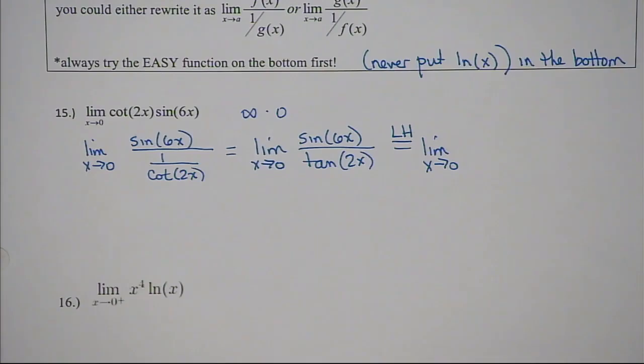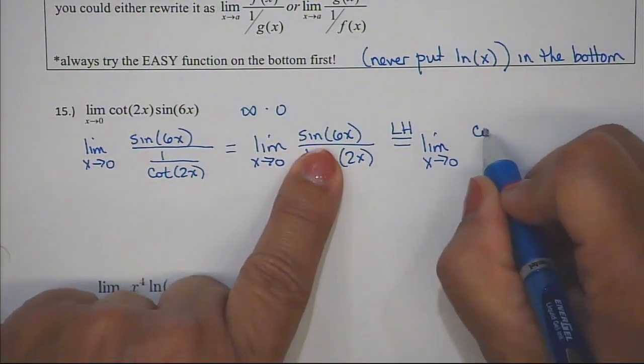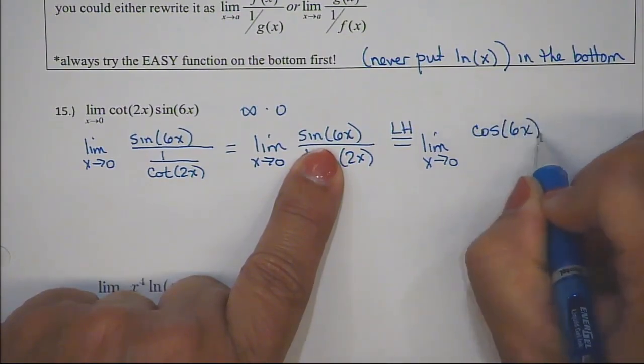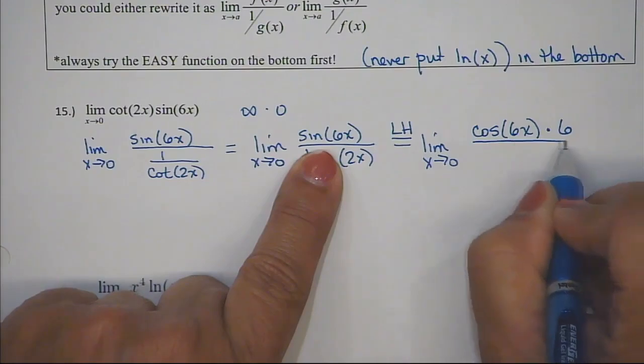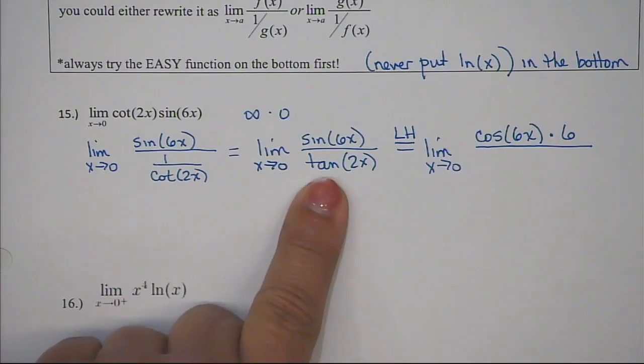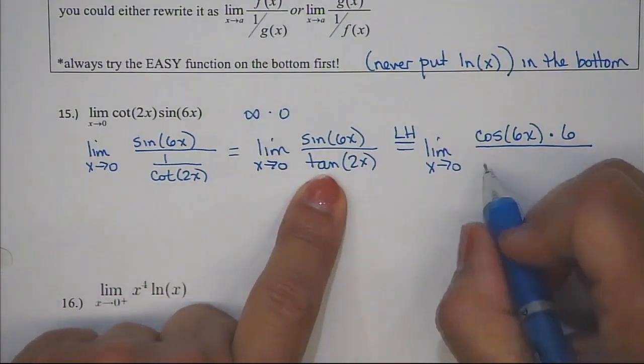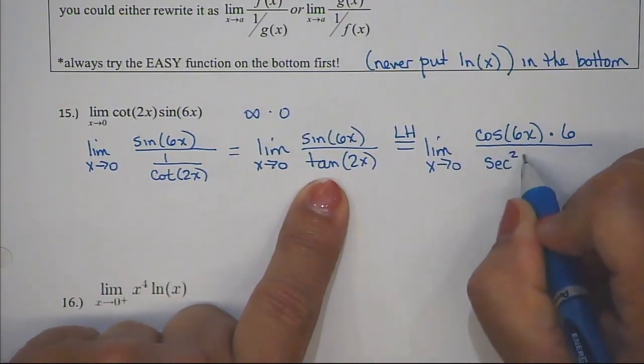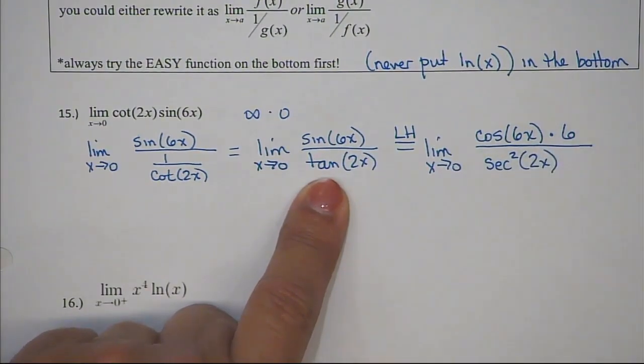All right, so the derivative of the sine of 6x is the cosine of 6x times the derivative of the inside, so times 6. And then the derivative of the bottom, the derivative of tangent is secant squared. Leave the inside alone.